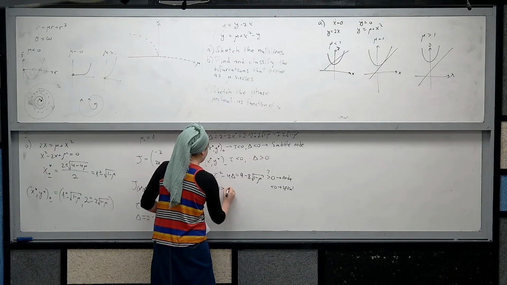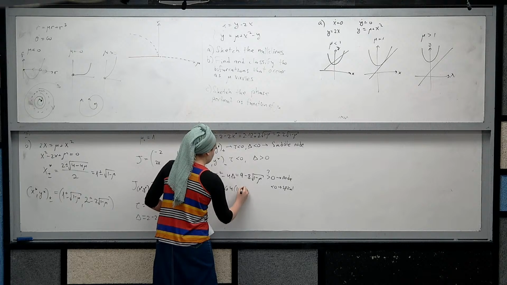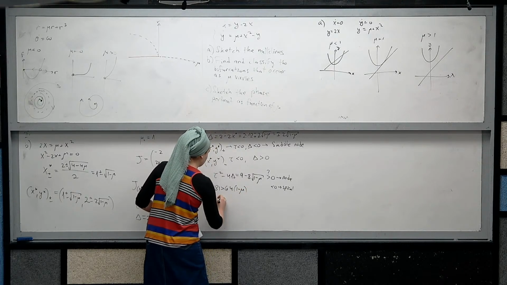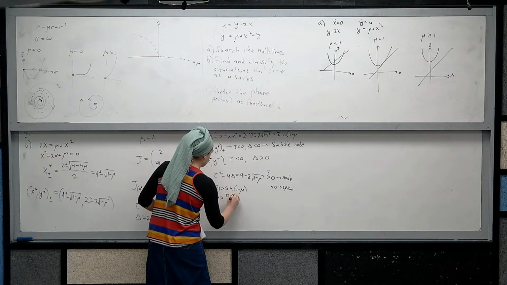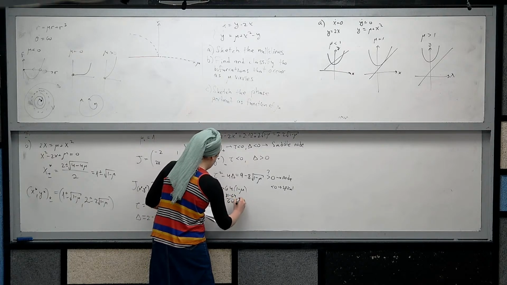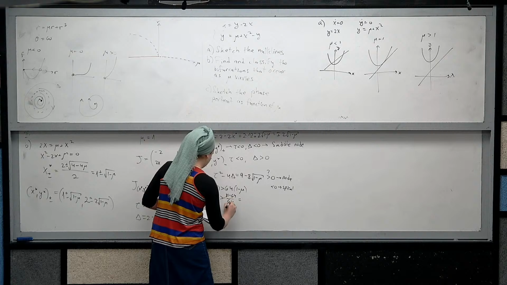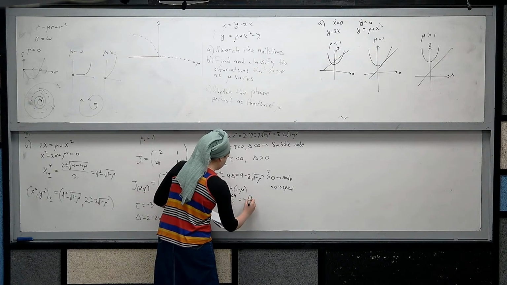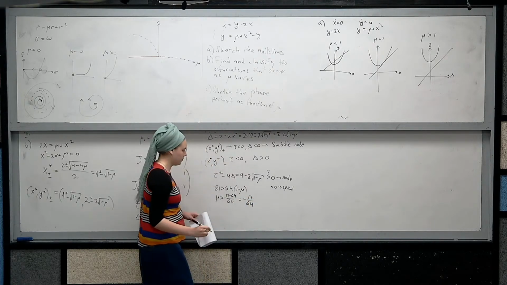Okay? So when does it happen? So let's look at this area. Okay, so we get mu is lower than 81 minus 64 over 64, and this is 17 over 64.